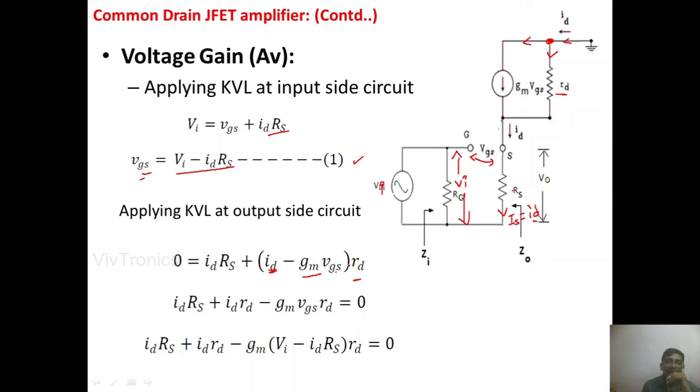So the equation is IDRS plus IDRD minus gm VGS RD. Instead of VGS we can substitute VI minus ID into RS, so IDRS plus IDRD minus gm into (VI minus ID into RS) into RD, that is equal to 0.